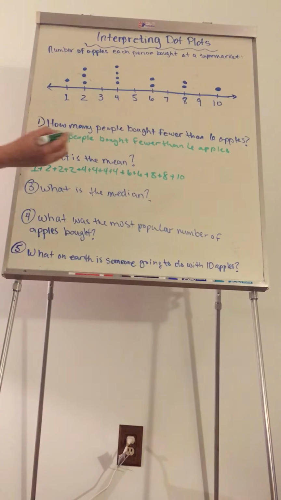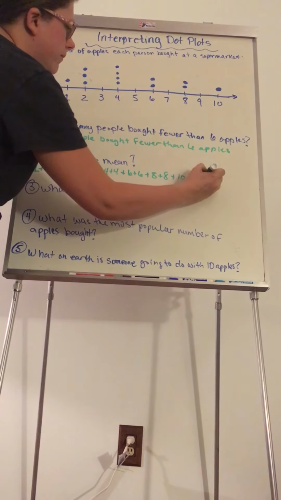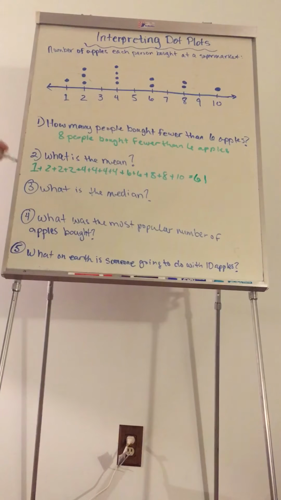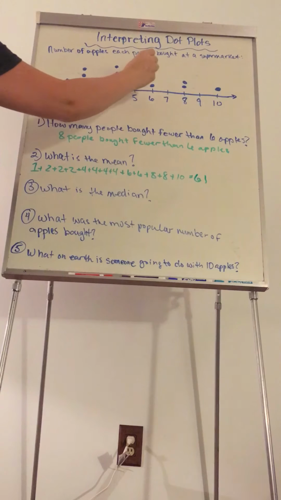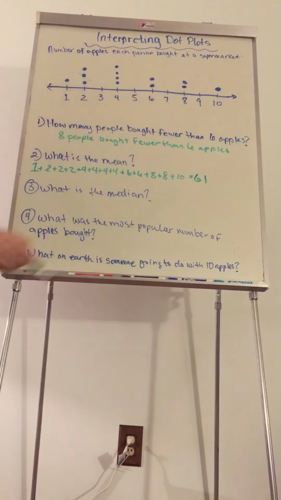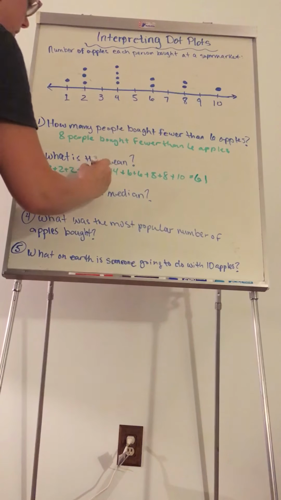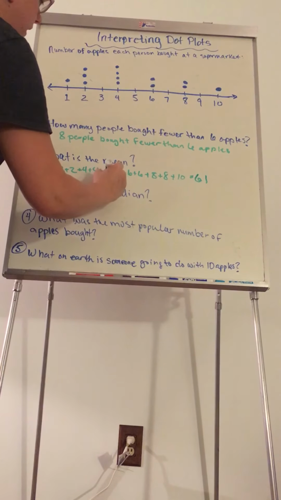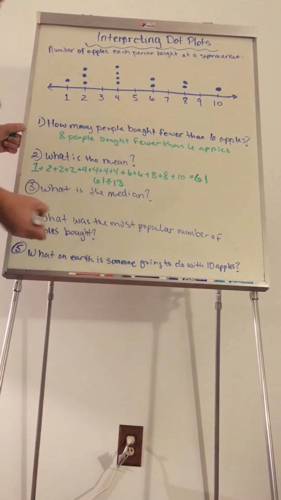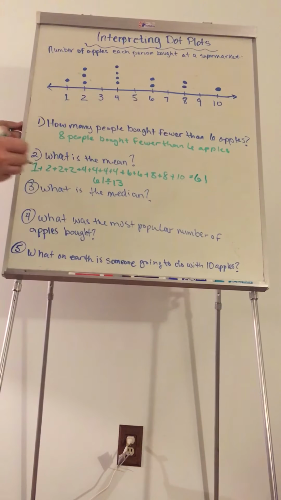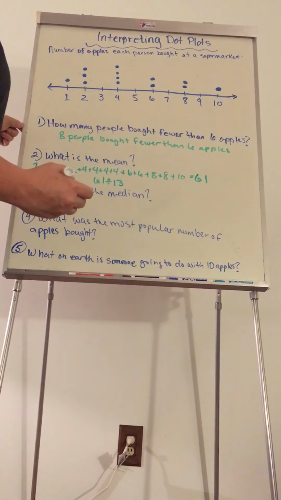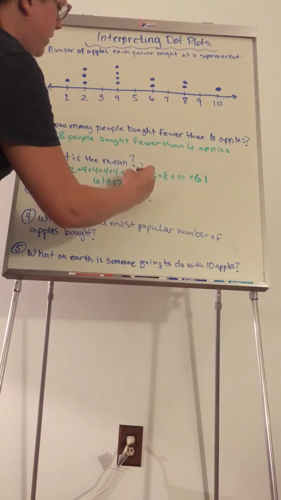If I add all those together, it equals 61, right? Now let's count how many data points we have. We have 1, 2, 3, 4, 5, 6, 7, 8, 9, 10, 11, 12, 13, okay? So we're going to take 61 and divide it by 13. The answer is approximately 4.7.